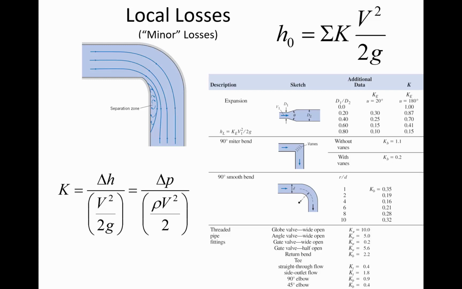And so a higher K value is associated with more abrupt transitions. And so the more gradual and the less dramatic the change in diameter, or the less dramatic the change in flow direction, then the K values will be smaller in those less dramatic cases.